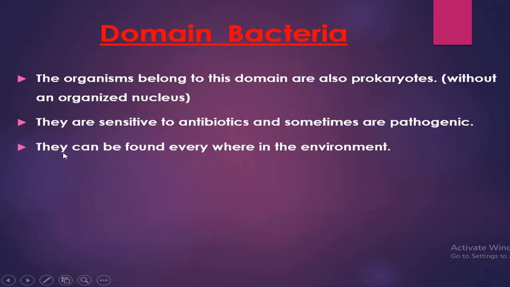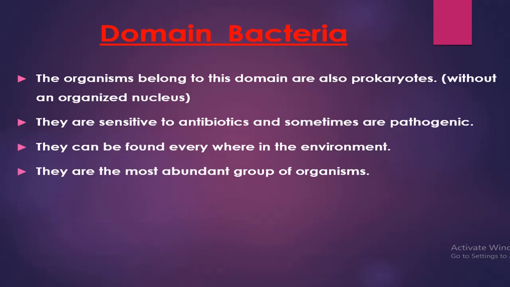After that, they can be found everywhere in the environment. Next one. They are the most abundant group of organisms. Then we will learn about the examples for the domain Bacteria.